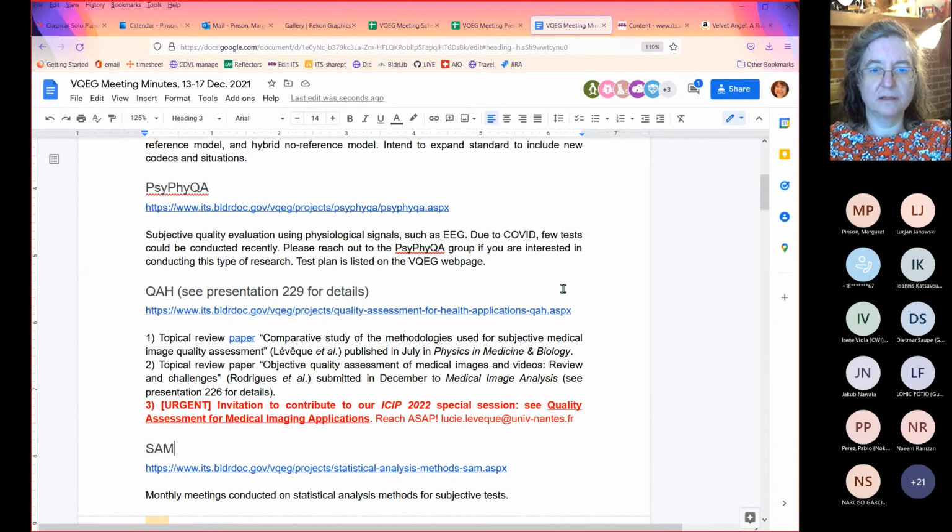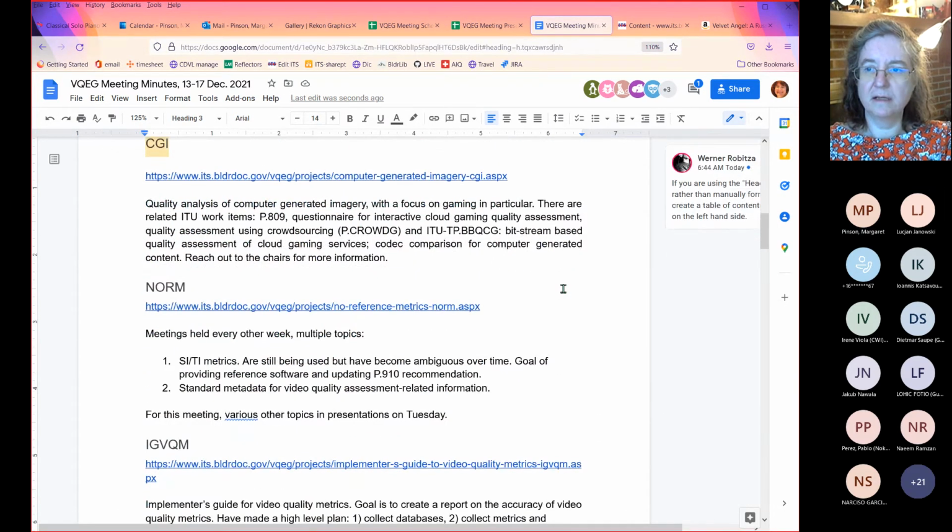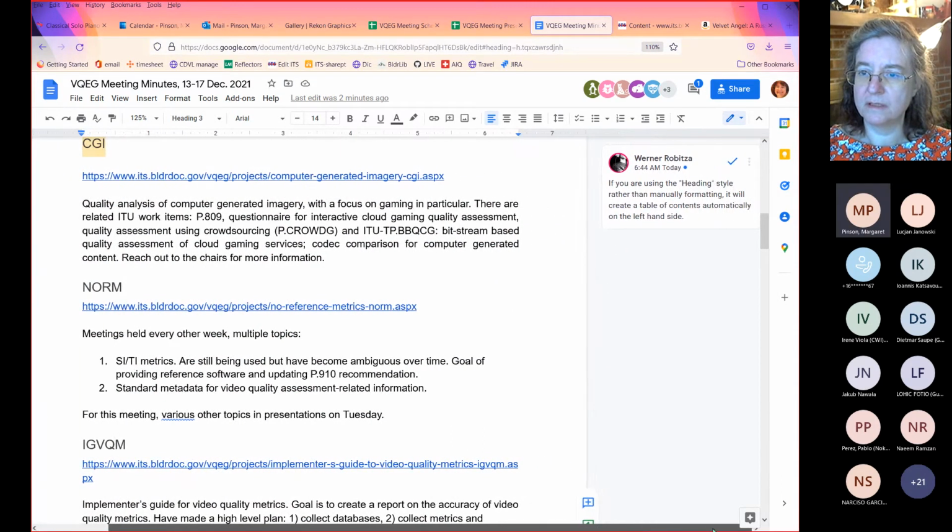QAH, SAM, recall this urgent notice on the quality assessment for health applications. On CGI, we have a note. Okay, so for future consideration, we should use the heading style in minutes.